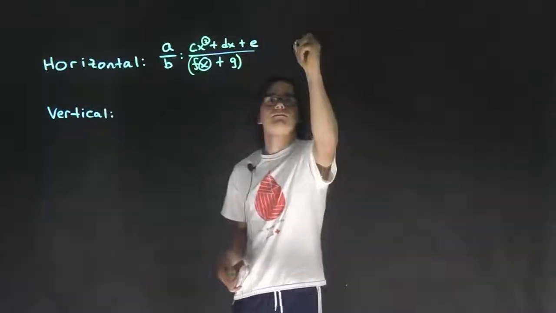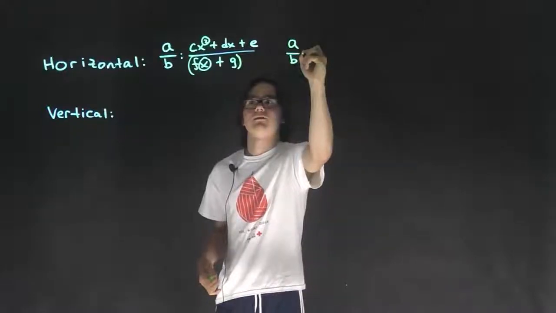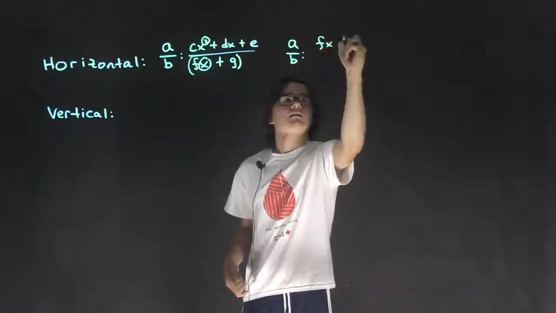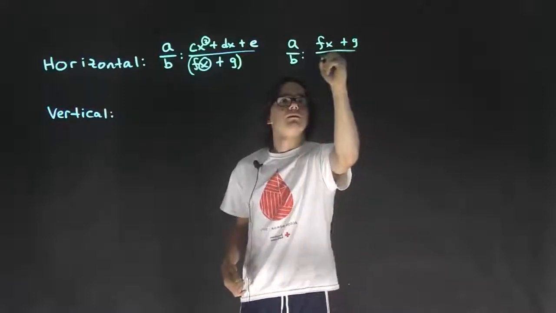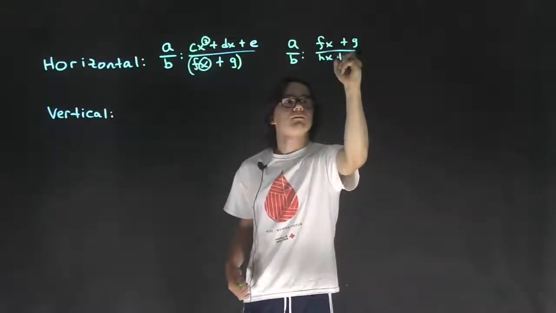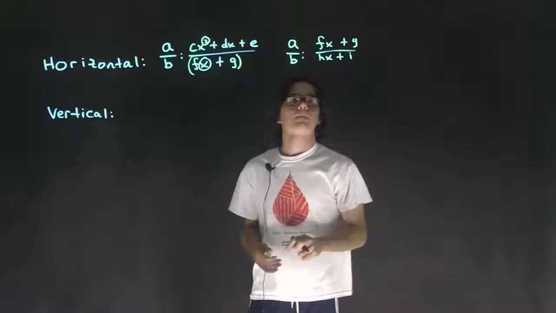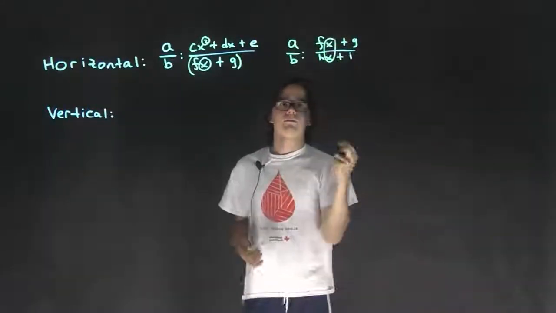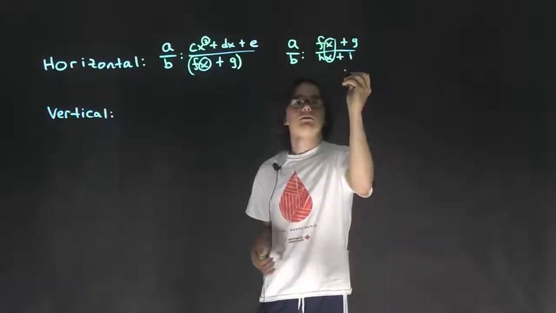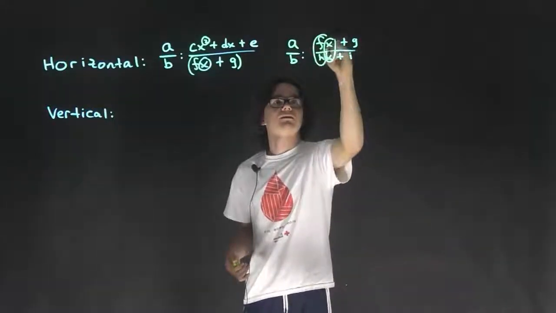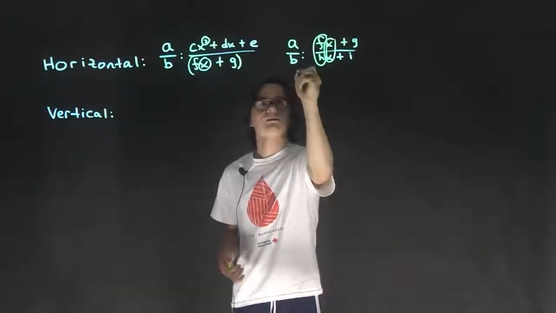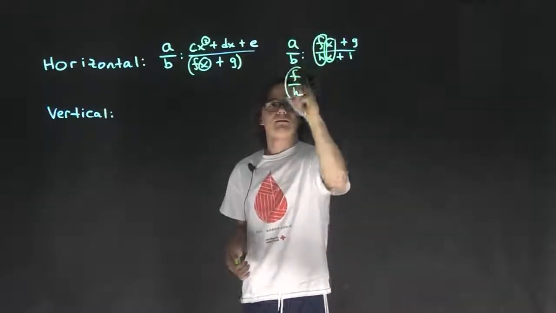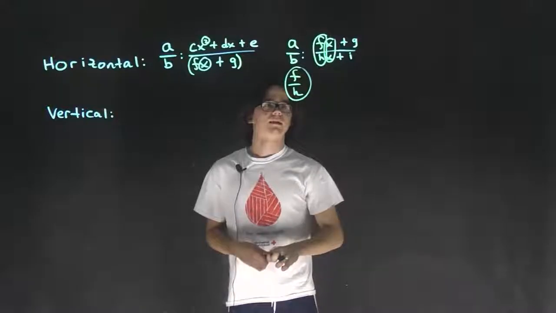Now, if we have our functions a over b, and we have something like fx plus g over hx plus i, we see that the exponents are equal to each other, 1 to 1. So what we do here is we take their coefficients, f over h, and this becomes our horizontal asymptote.